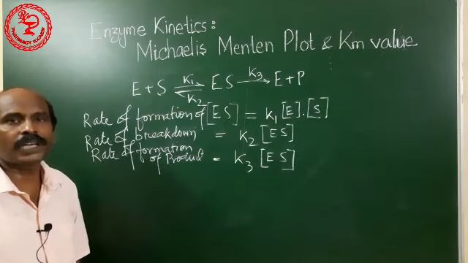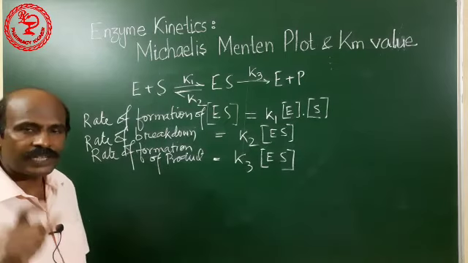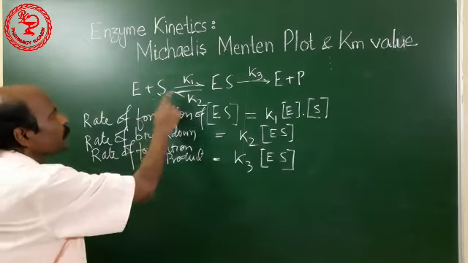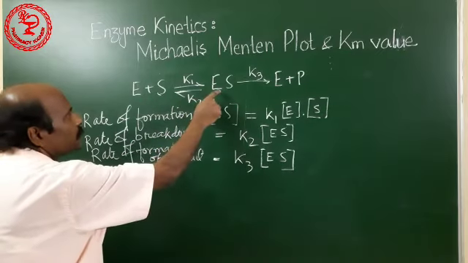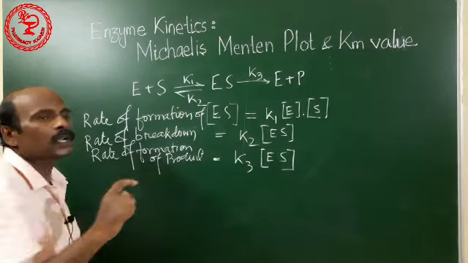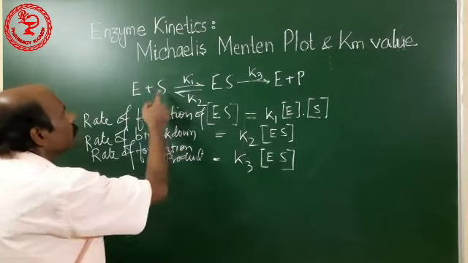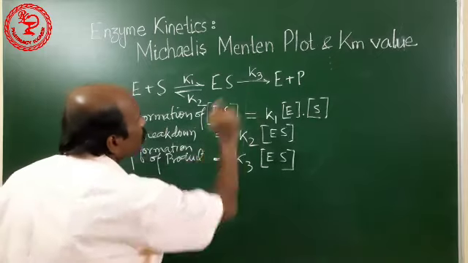Now, if we consider a steady state condition, it means the rate of formation of the enzyme substrate complex is equal to the breakdown. It may break down into enzyme and substrate or it may produce the product.